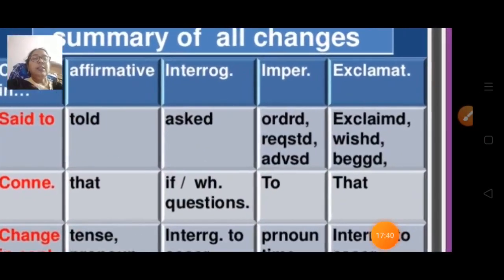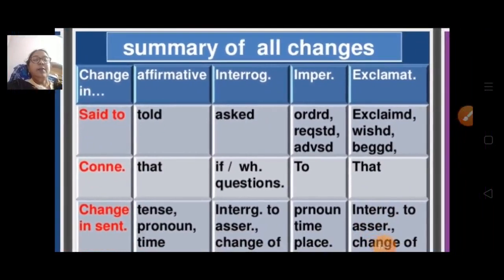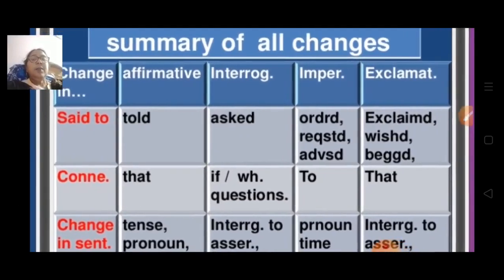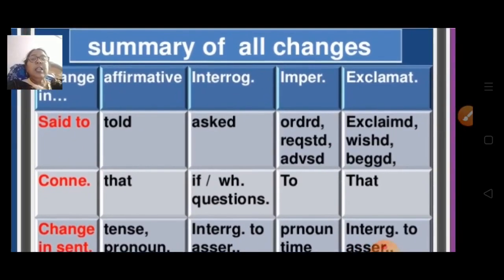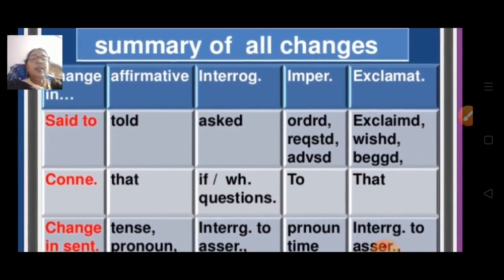Now we can see the summary of whatever we have studied today: what we change in exclamatory sentences, imperative sentences, interrogative sentences and affirmative sentences, which we have already done. Please see, in affirmative sentences, it becomes "told". In interrogative sentences, we write "asked".